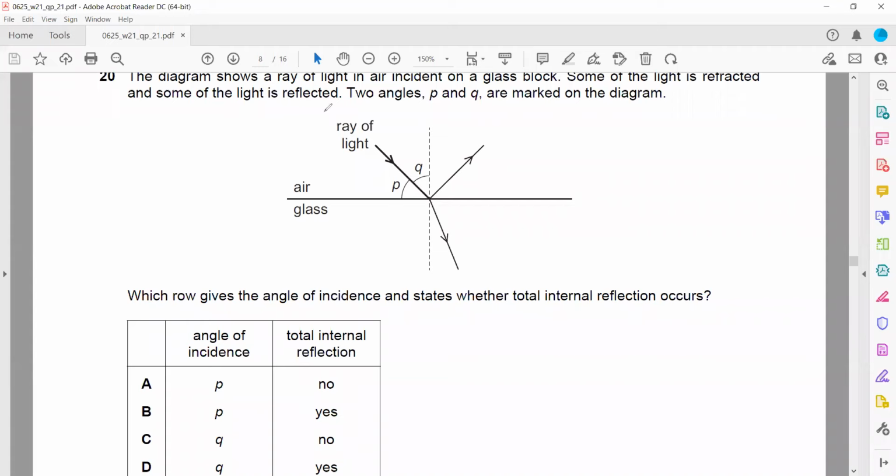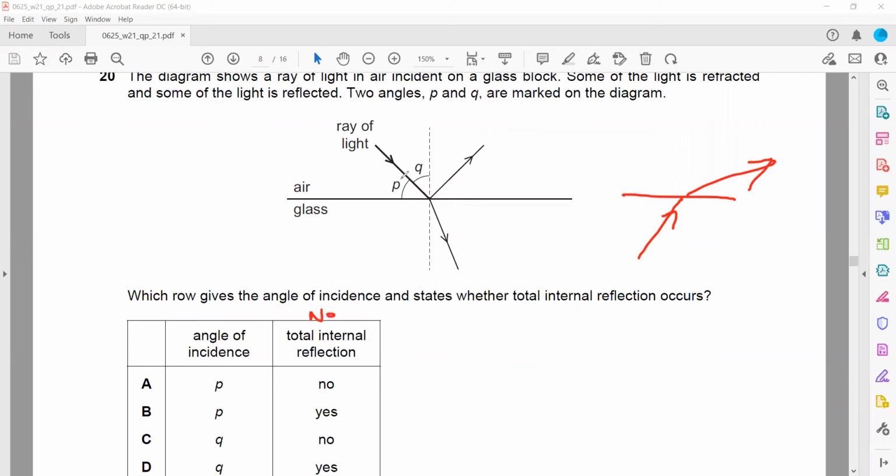First thing, for total internal reflection to occur, light should travel from a denser medium to a rarer medium. Light should move from glass to air, not air to glass. So total internal reflection cannot occur as this light is not traveling from glass to air, it is traveling from air to glass. So there will be no total internal reflection.